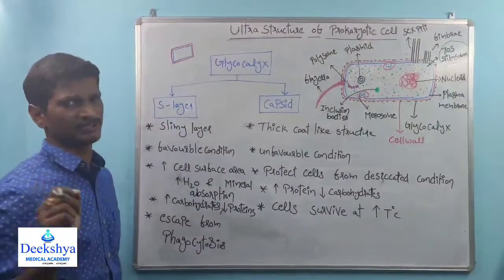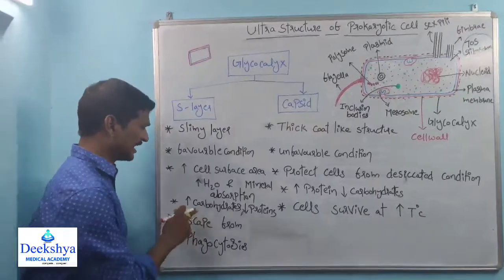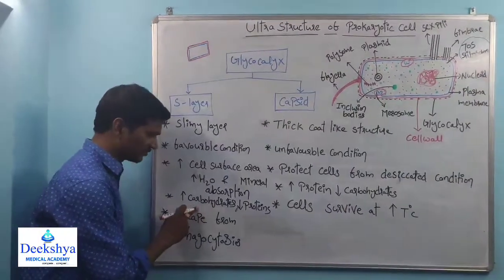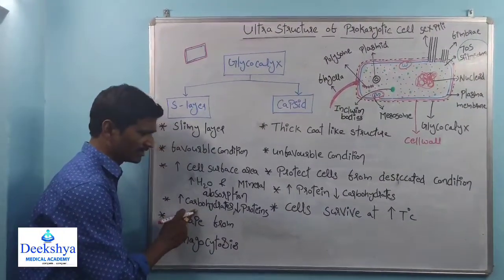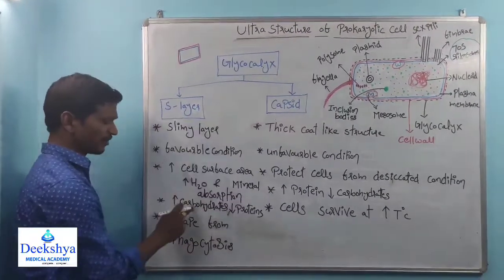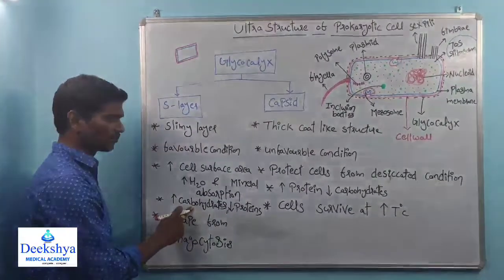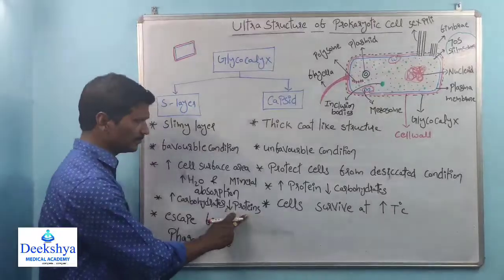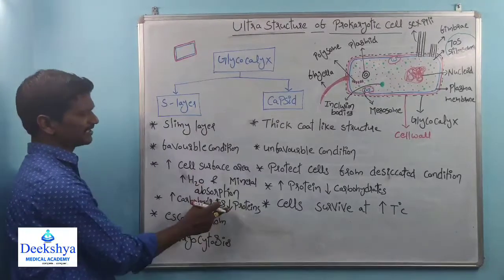What is the composition of the S layer? The S layer is made up of a high percentage of carbohydrates and a low percentage of proteins. This is the slimy layer.